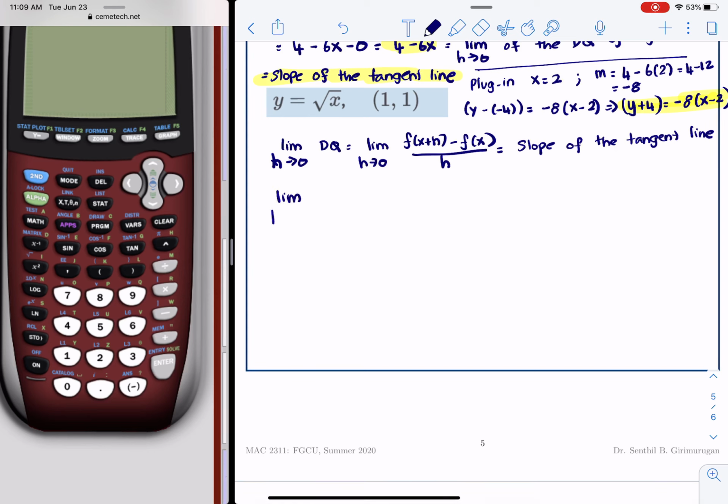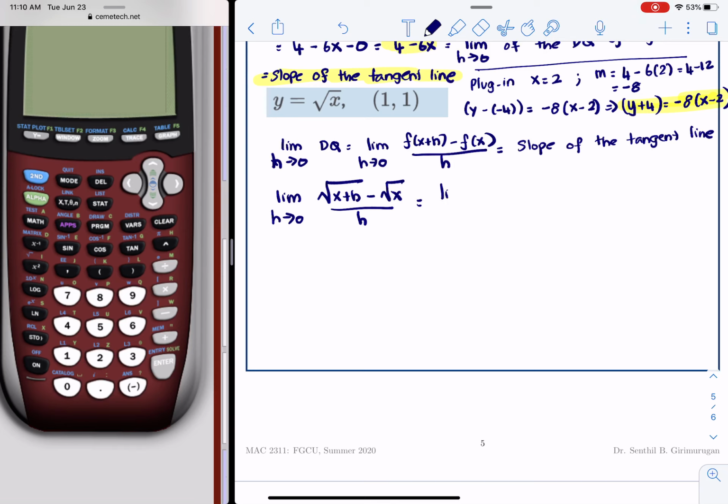Limit h approaches 0, square root of x plus h minus square root of x divided by h. Now, in the previous video, I did a couple of examples where if you apply the limit directly to this particular difference quotient, you will get 0 over 0, which is an indeterminate form, and obviously that is not the correct answer. So what should we do?